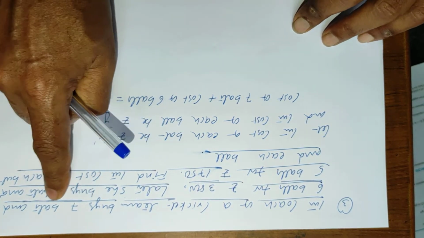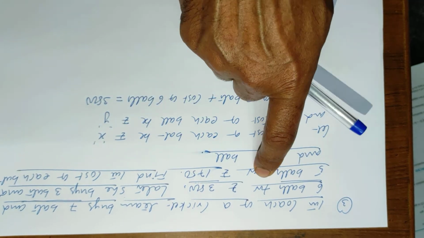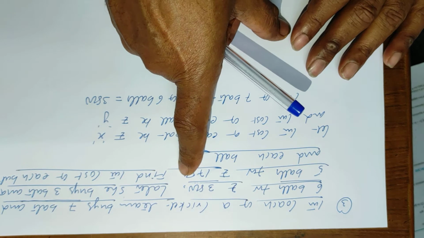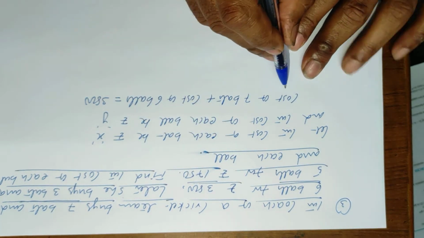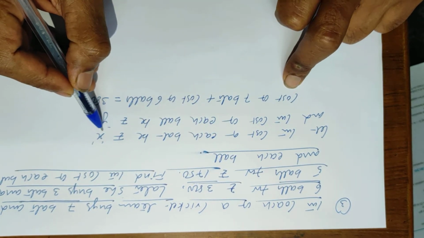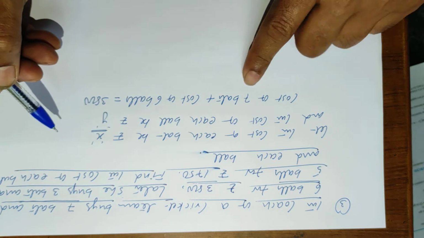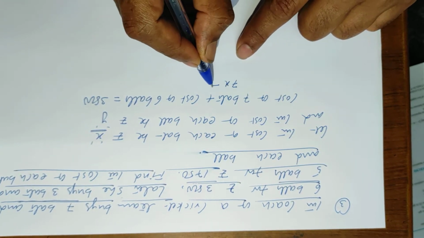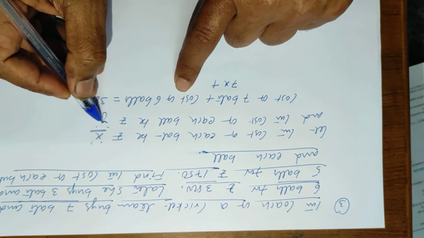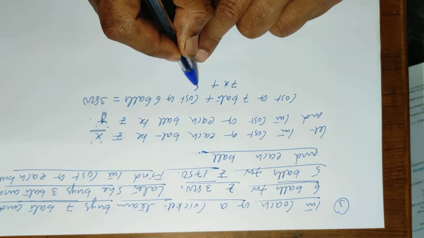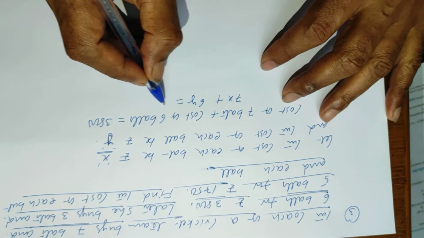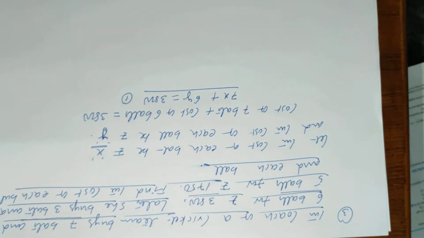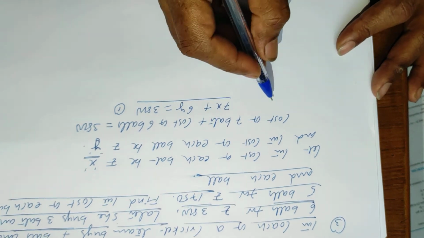See, she buys 7 bats and 6 balls for rupees 3800. So if the cost of 1 bat is X, what would be the cost of 7 bats? 7X. Cost of 1 ball is Y. Cost of 6 balls is 6Y. 7X plus 6Y is equal to 3800. I call this equation 1.